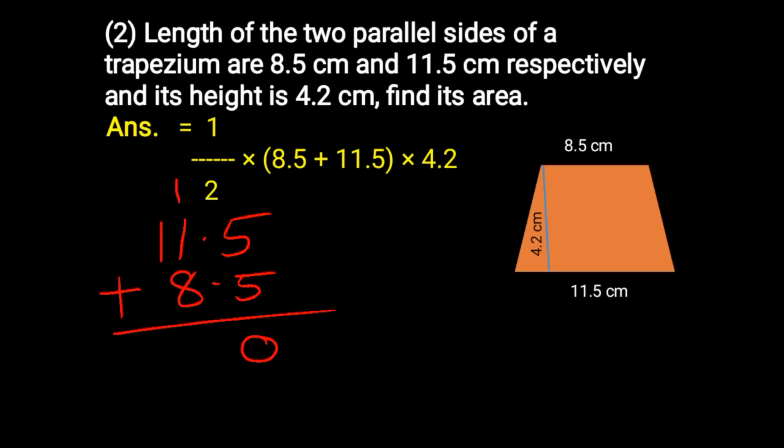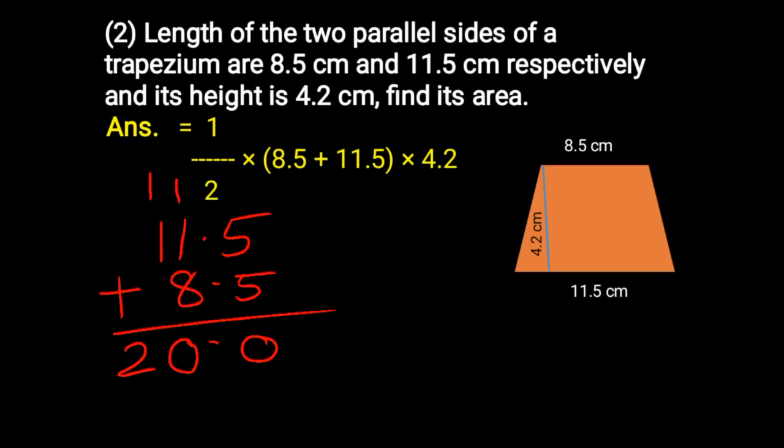The place of the decimal point where there is, you have to put the decimal point down. 1 plus 1, 2. 2 plus 8, 10. 1 you carry up, 0 bring it down. 1 plus 1 is 2. That is 20.0, means 20.